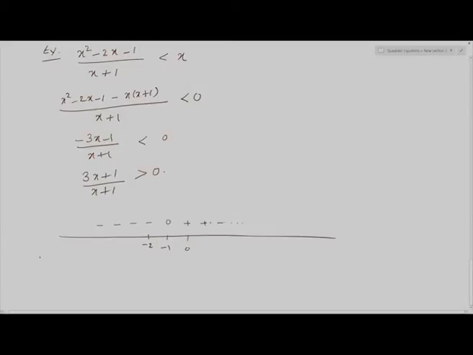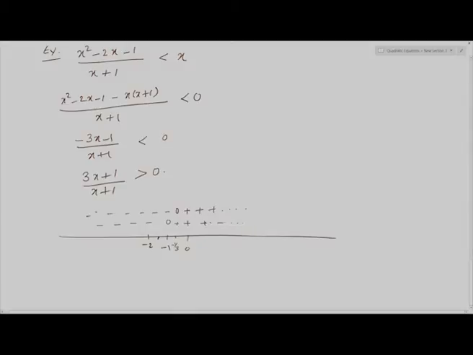Then x equal to minus 1 by 3: on top of it you put the 0, on the right side put the plus signs, and on the left side put the negative signs.